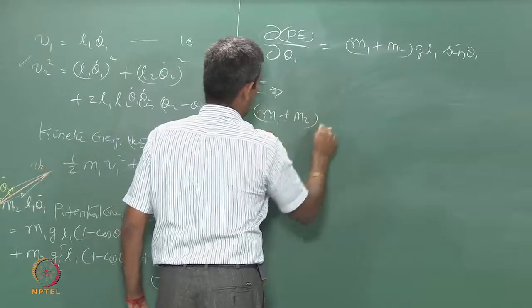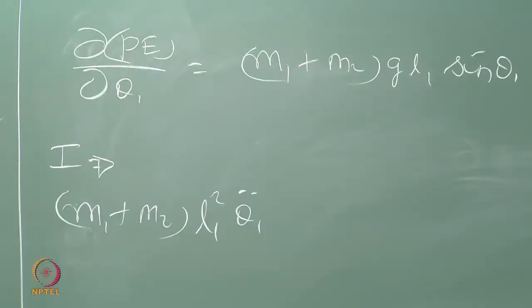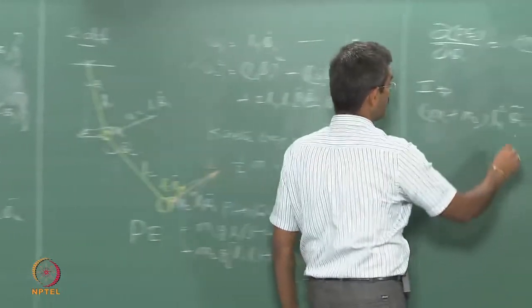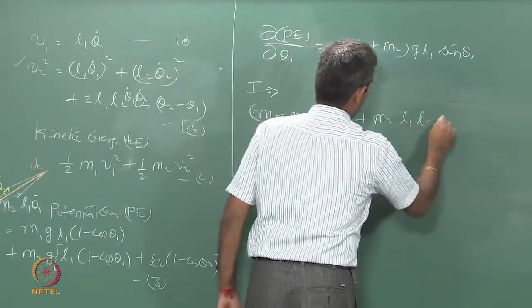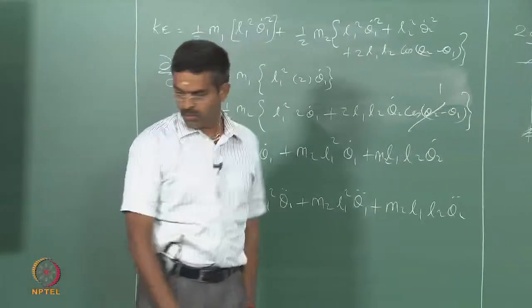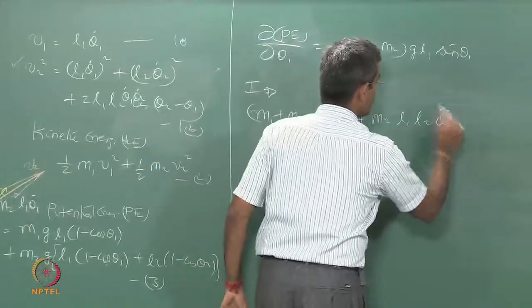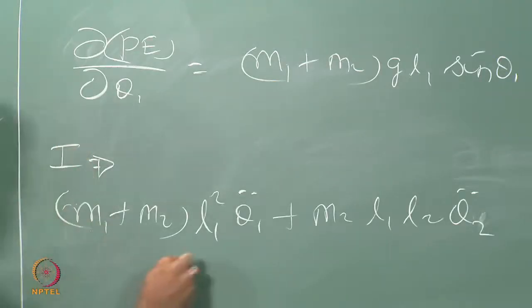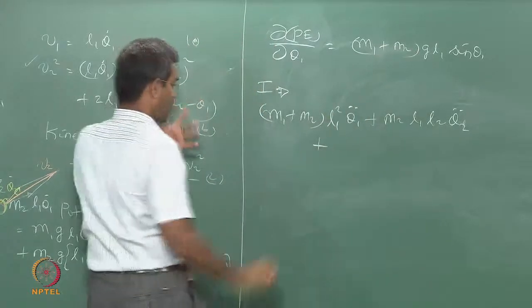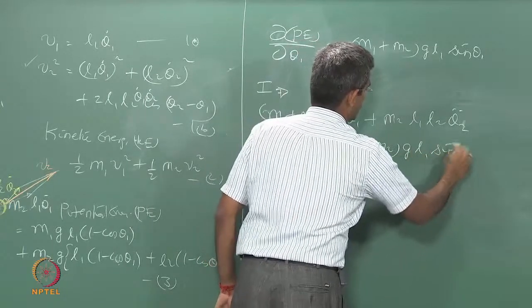m1 plus m2 into L1 square theta 1 double dot, that is the first term you will get, plus m2 L1 L2 theta 2 double dot, the theta 1 goes away, plus of course the value here, which is m1 plus m2 g L1 sin theta 1.